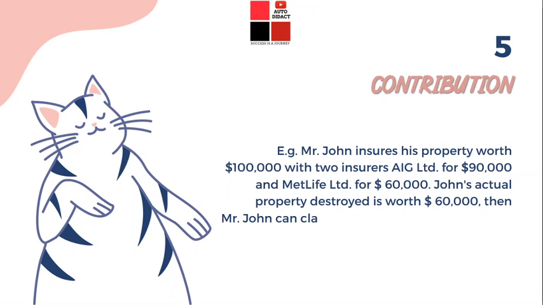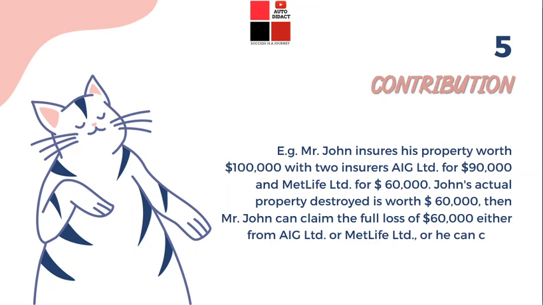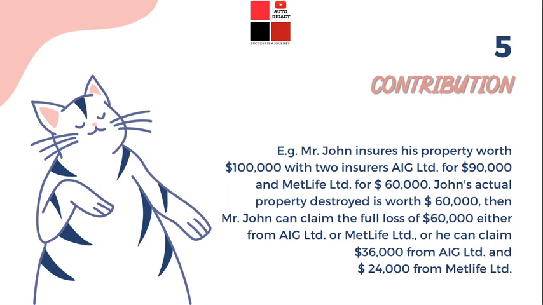Then Mr. John can claim the full loss of $60,000 either from AG Limited or MetLife Limited, or he can claim $36,000 from AG Limited and $24,000 from MetLife Limited. So, if the insured claims the full amount of compensation from one insurer, then he cannot claim the same compensation from another insurer and make a profit.